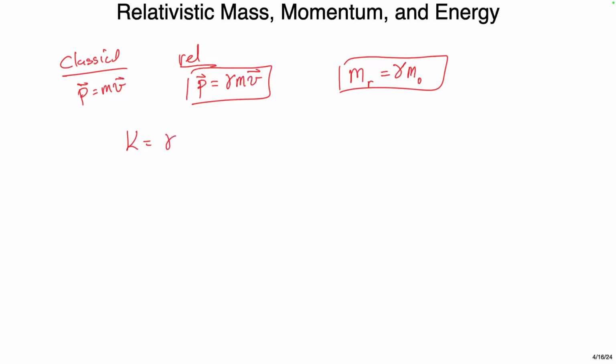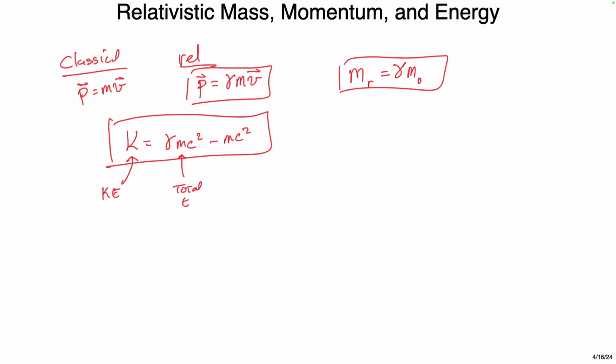But this is what the kinetic energy happens to be. It's gamma mc squared minus mc squared, okay? This right here is our kinetic energy. This term that's got the gamma in front of it is total energy. And then this thing over here is called the rest energy.